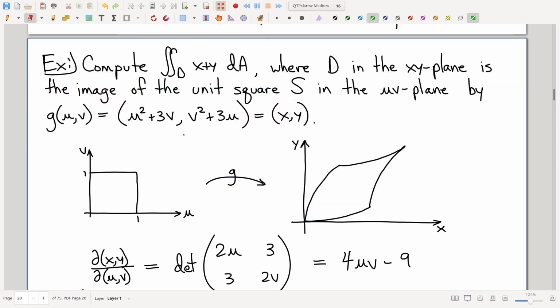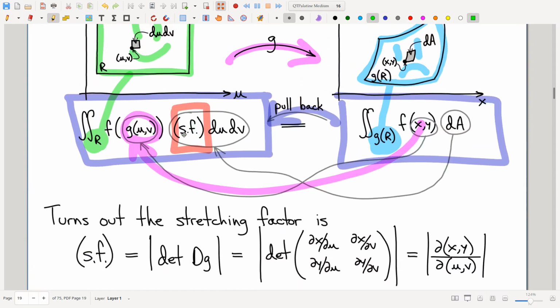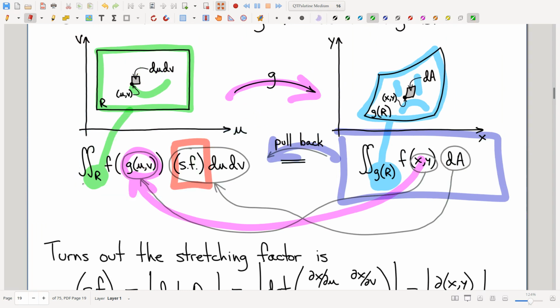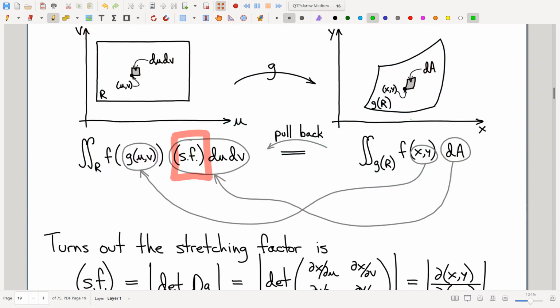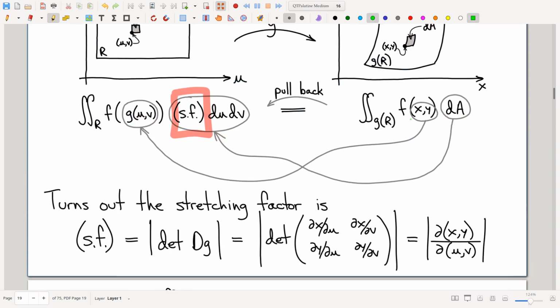Most of our setup is done in the statement of the question, but notice I am going to have to compute this stretching factor. In order to actually compute this, I'm going to need to compute the absolute value of the determinant of the derivative.